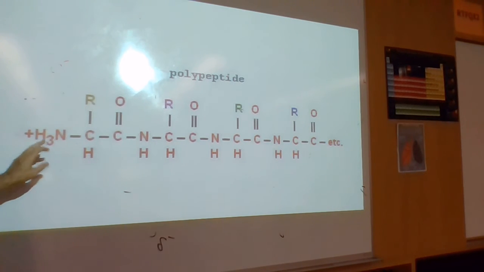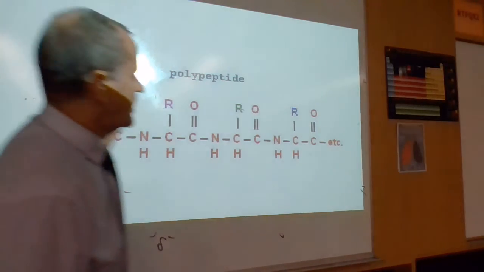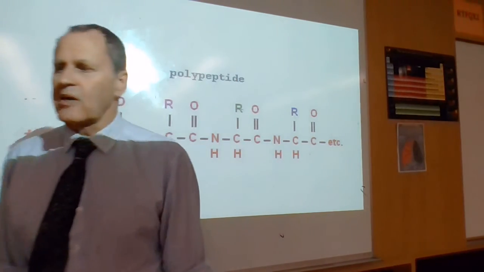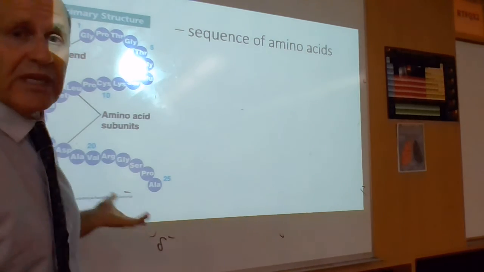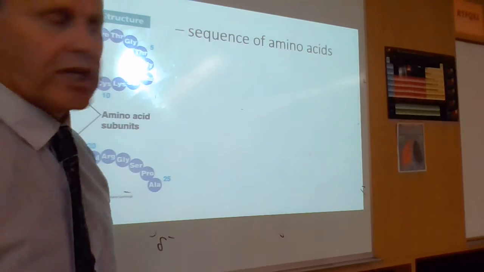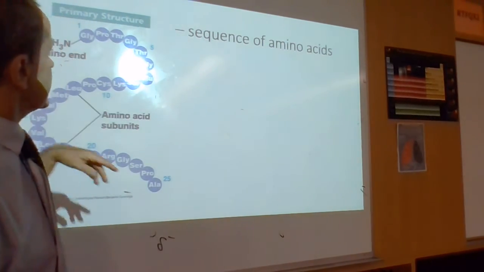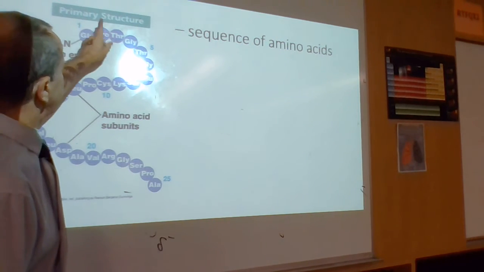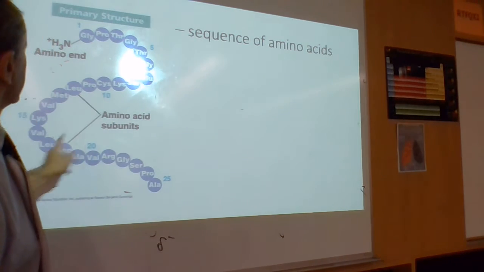And you'll notice that here is the end with an amino group, and here is the end with the carboxyl group. And they can be labelled the amino end and the carboxyl end. And so here we've got the primary structure of a protein. It's just the sequence of amino acids: glycine, proline, threonine, glycine, threonine again, and so on.